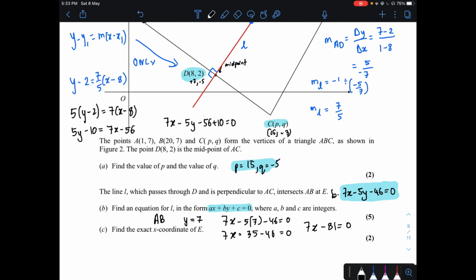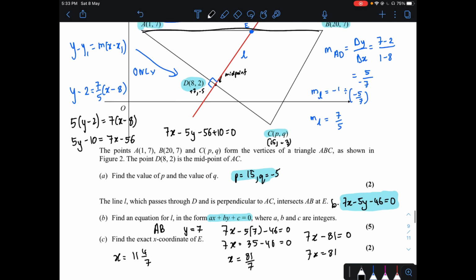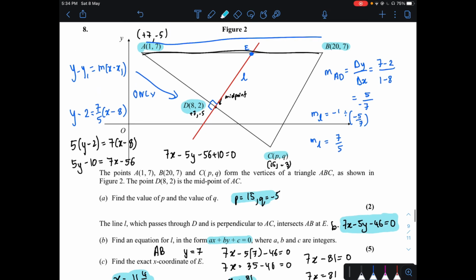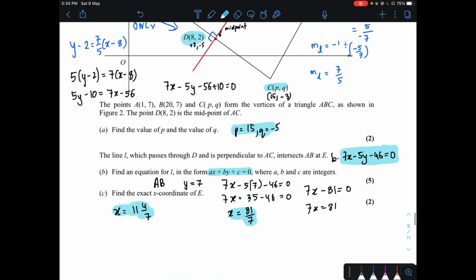So 7x equals 81, so x equals 81 over 7. Now this is also correct. You can also go one step further and write x equals 11 and 4/7. Personally, I usually just go with 81 over 7, but both are equally as correct. So this is the coordinate for this and this. That's question number 8.